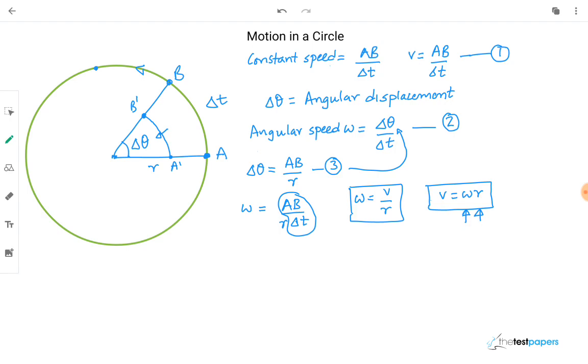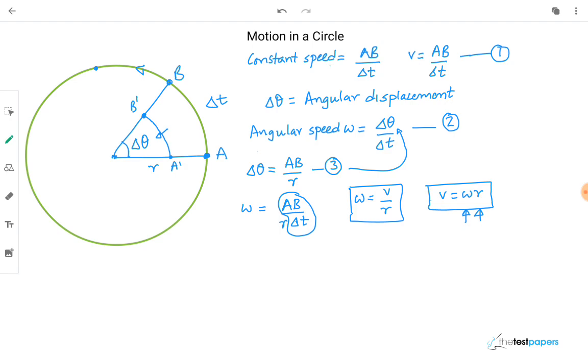So this brings us to a very important relationship between linear speed and the radius of the circular path. As the radius of the path followed by an object increases, the linear velocity also increases provided omega is constant.